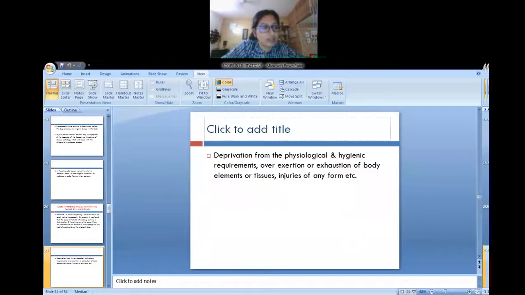The slide on exciting factors wasn't clear at all, where you were giving an example on the smoker. Can you repeat that slide?